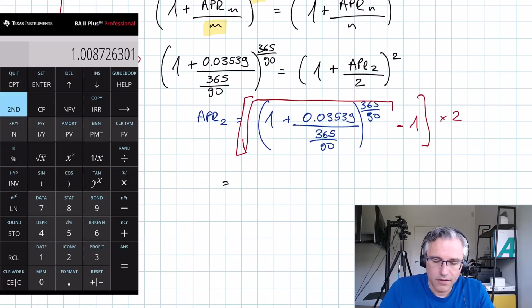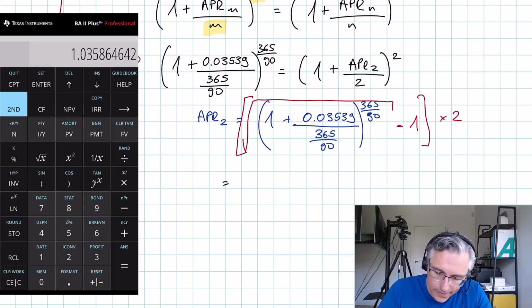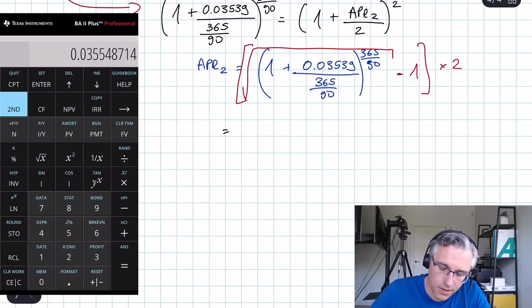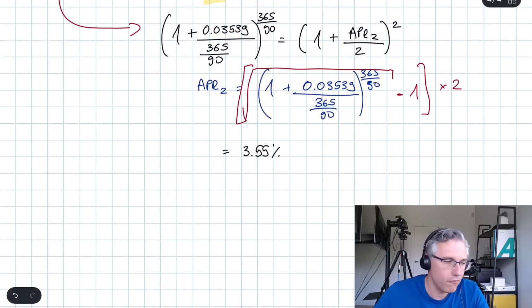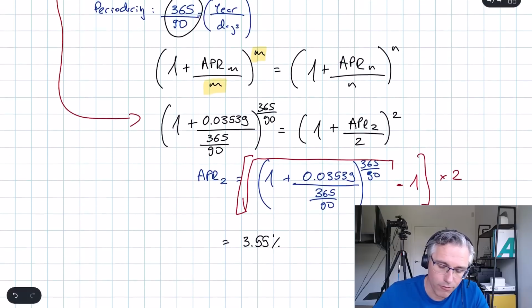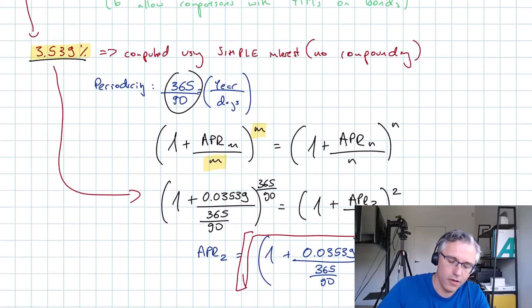Now raise this to the power of, open bracket, 365 divided by 90, close bracket. Okay. Take the square root, deduct 1, right, and multiply the whole thing by 2, and we get, this looks like the right answer, 3.55%. And as you can see, it's very, very close to our original figure, 3.539.